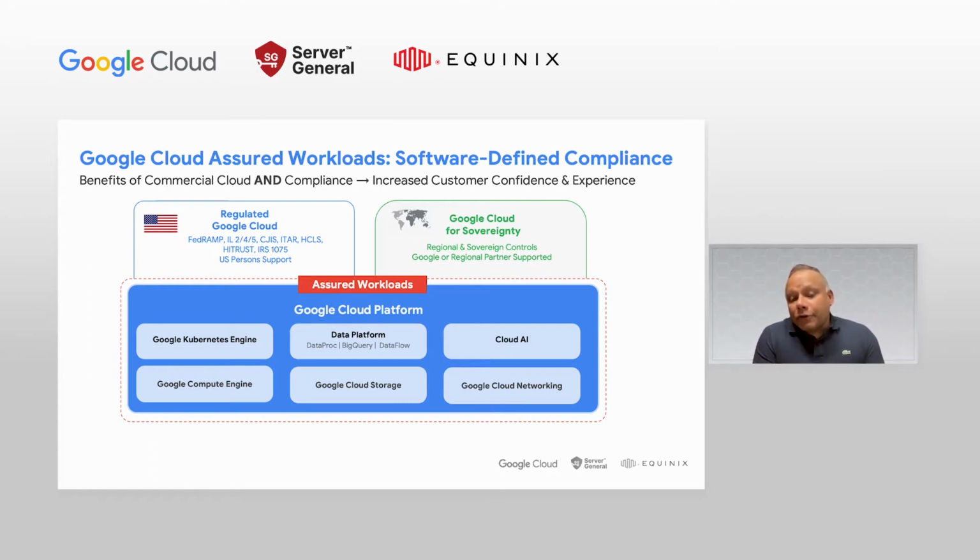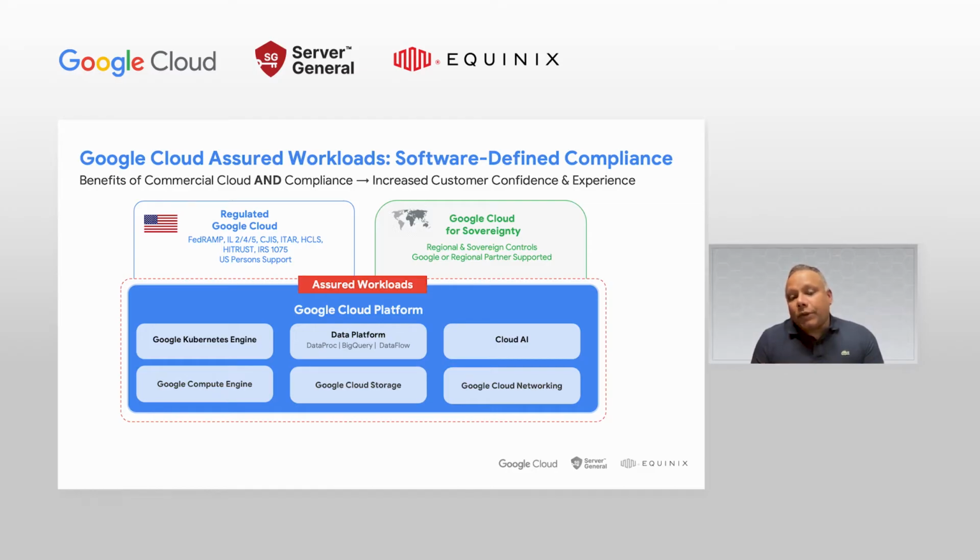We took the same commercial cloud that Google Cloud Platform provides, the same set of services like BigQuery and Google GKE, in exactly the same set of services in all the 40 different locations around the world, and wrapped them with a set of controls to make those workloads and data be stored in a compliant manner. So you get the same data residency, same set of access control that is required from a compliance perspective. And it is extremely easy to use as well.